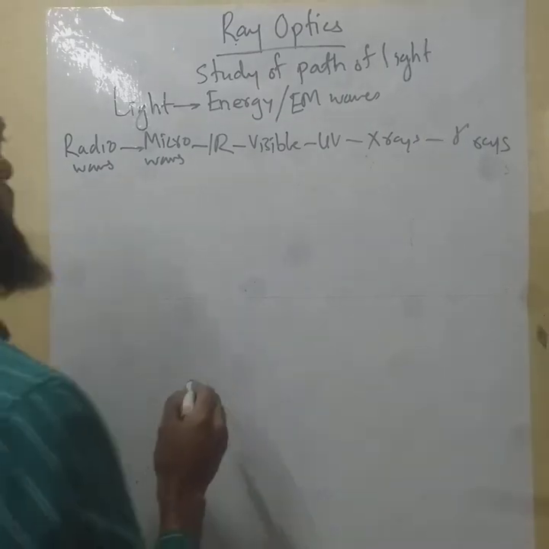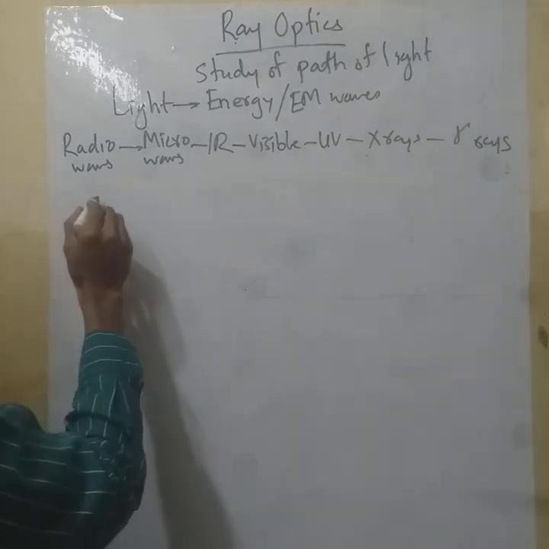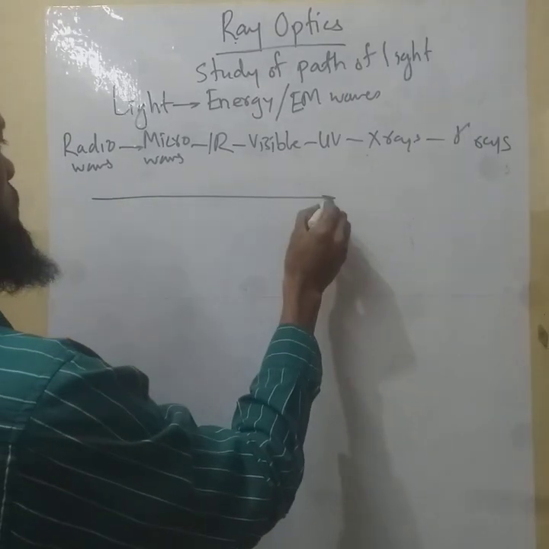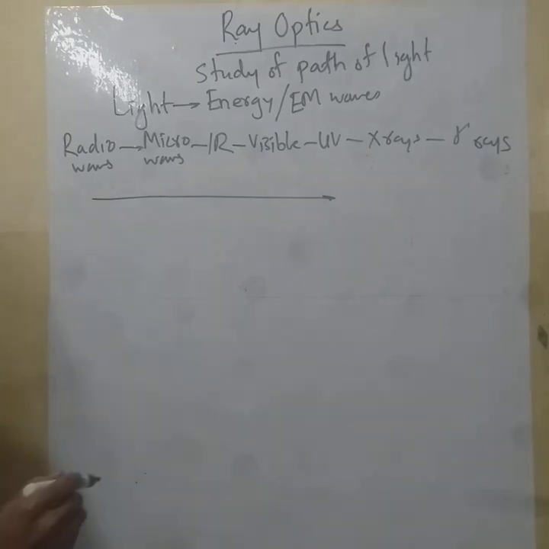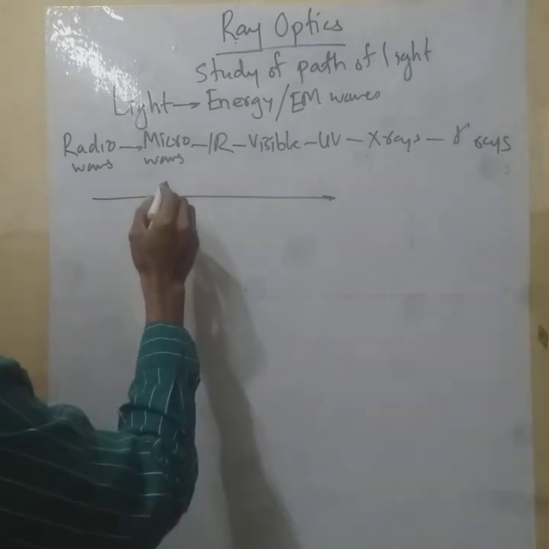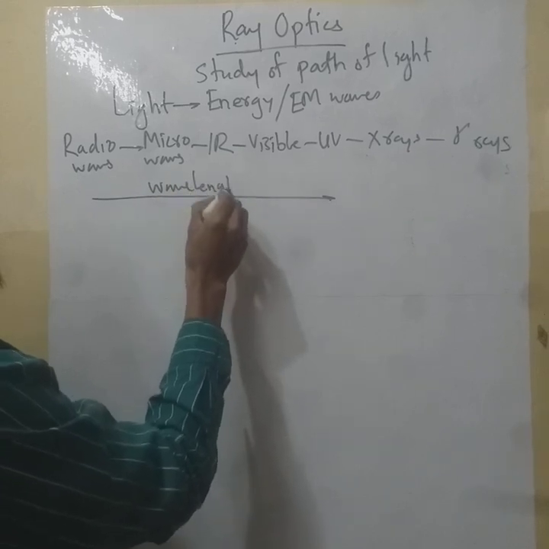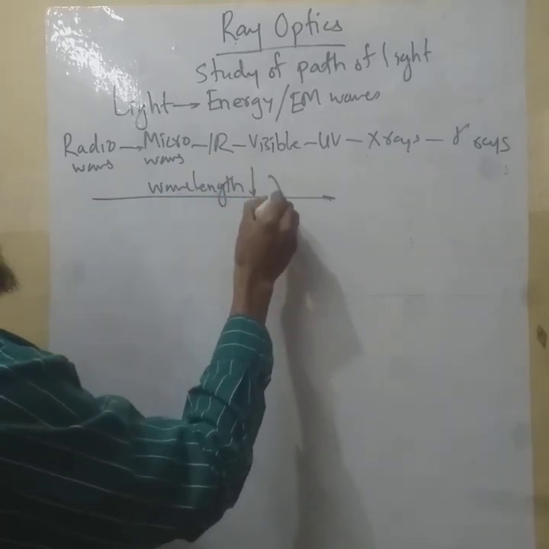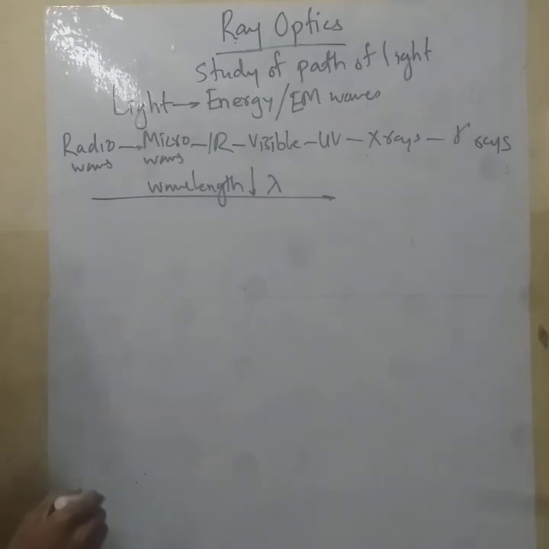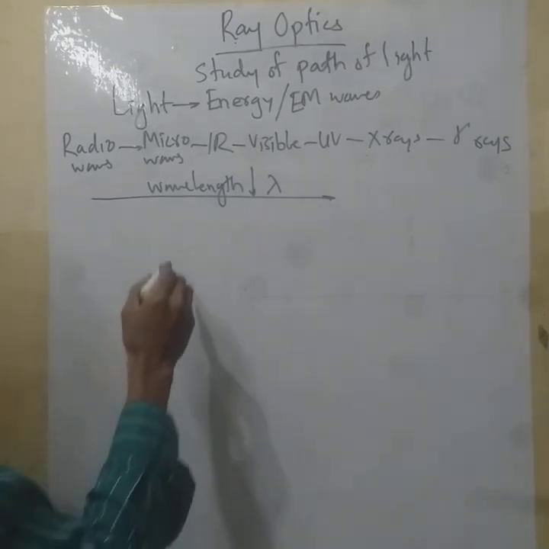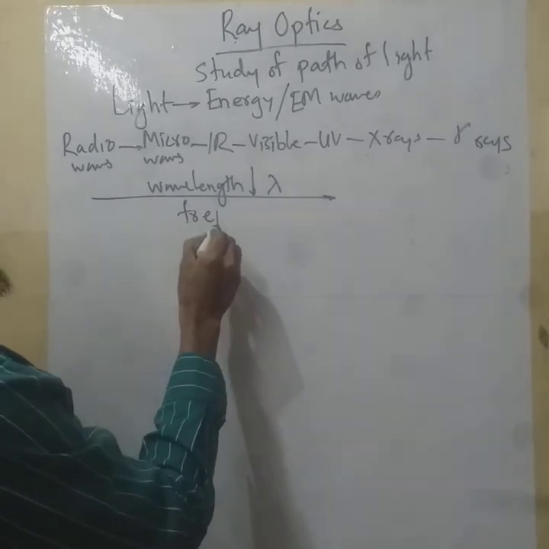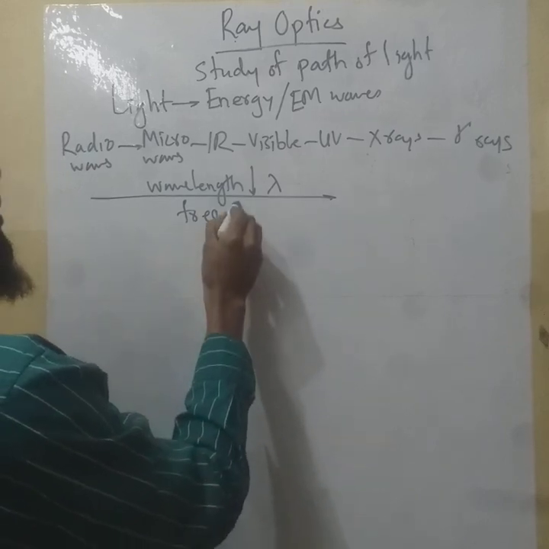This is the electromagnetic spectrum. Going from left to right, wavelength, which we denote as lambda, goes on decreasing, and frequency of these waves goes on increasing.